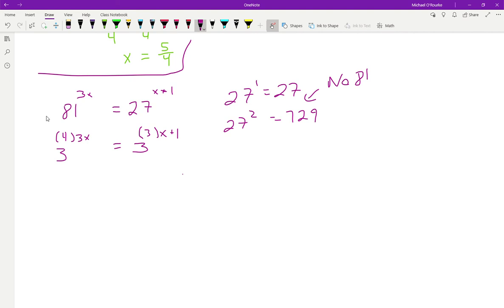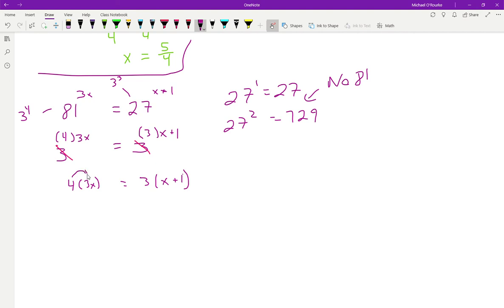So I've rewritten this as 3 to the power of 4, and I rewrote this as 3 to the power of 3. Okay? Now, since we have the same bases, we can drop the bases, which leaves us with 4 bracket 3x equals 3 bracket x plus 1.